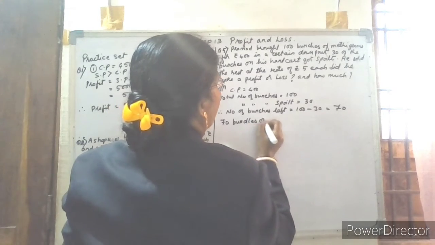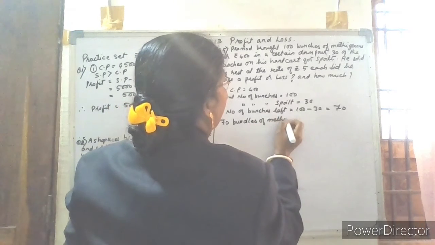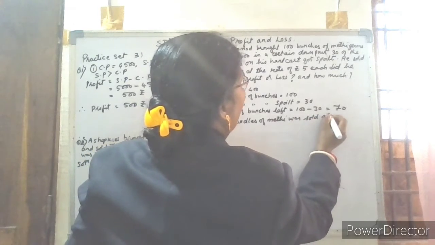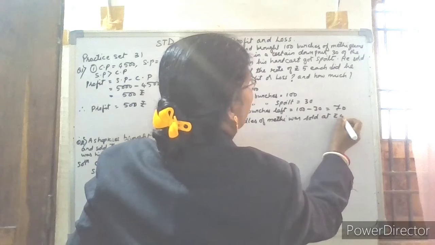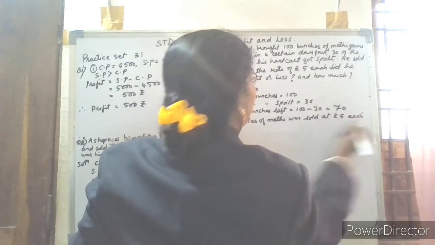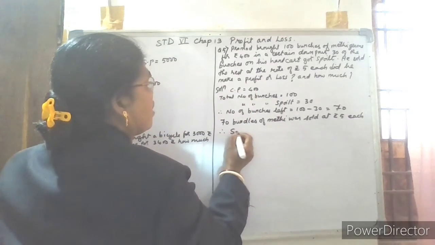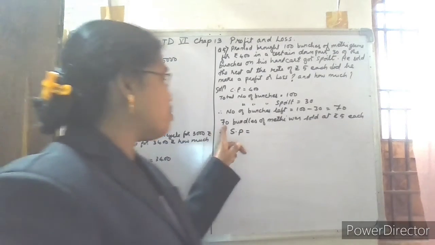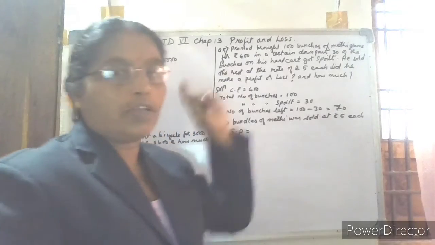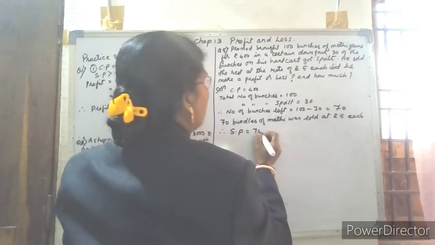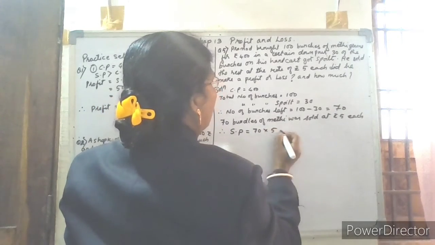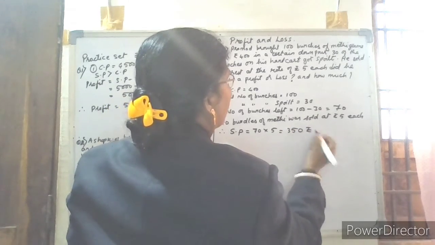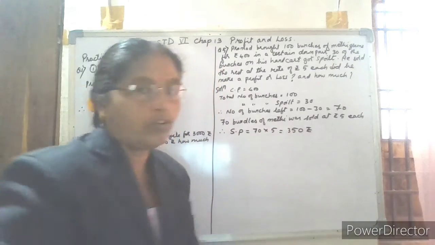Therefore, selling price is 70 bundles into 5 each, that is 70 into 5, equal to 350. So his selling price is equal to 350.